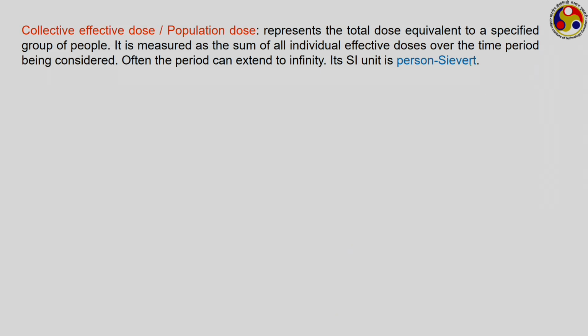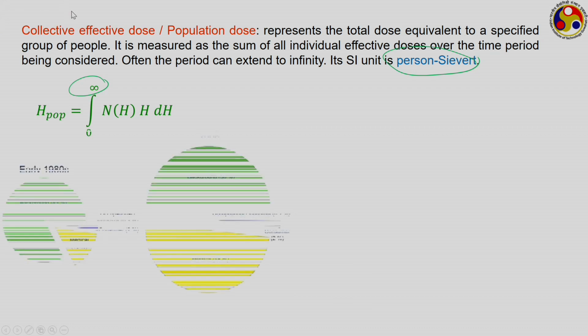That is why it is often measured in person-sievert. It is given like this, where n is the number of population, h is the corresponding biological effective dose, which can vary from person to person, and infinity here refers to the total number of samples over which we are summing, because in a population we can have an infinite number of persons.